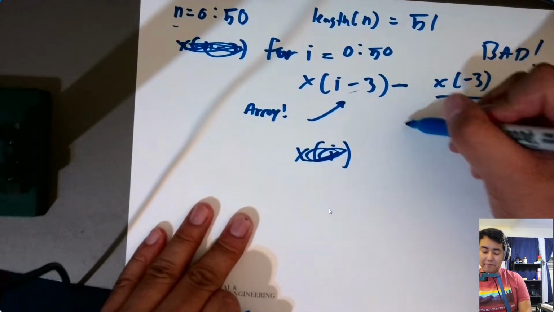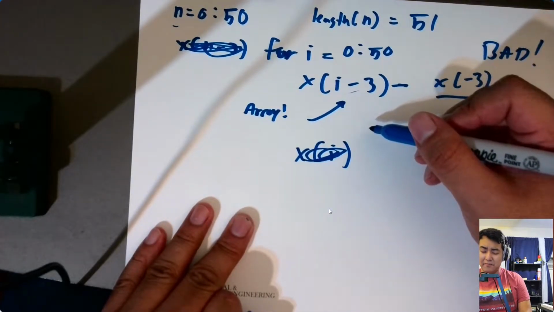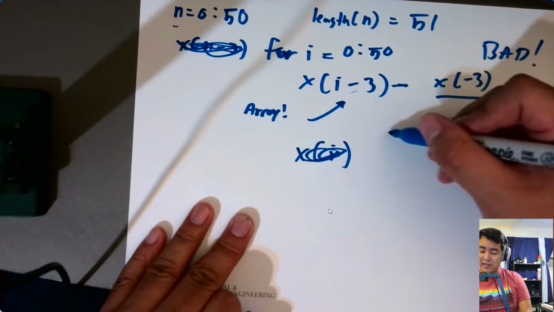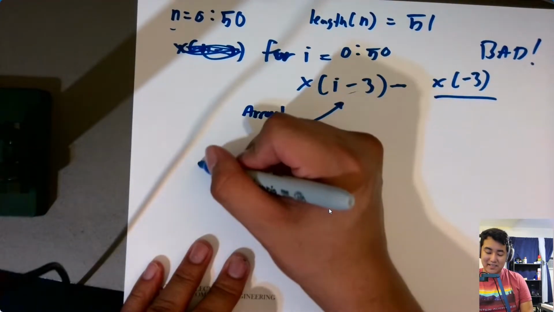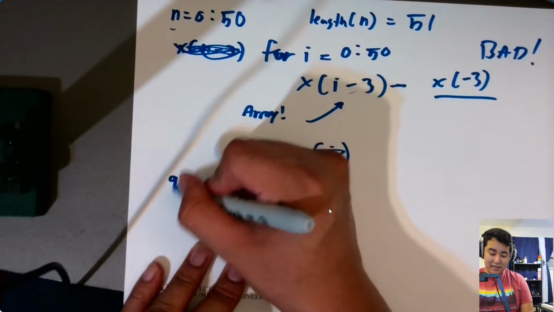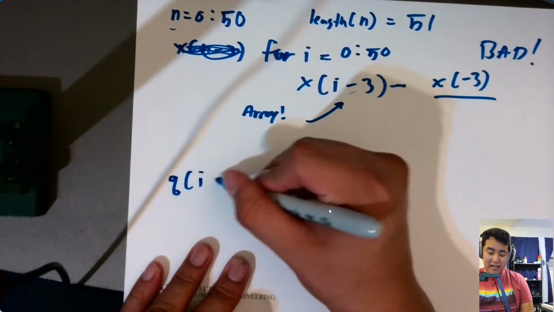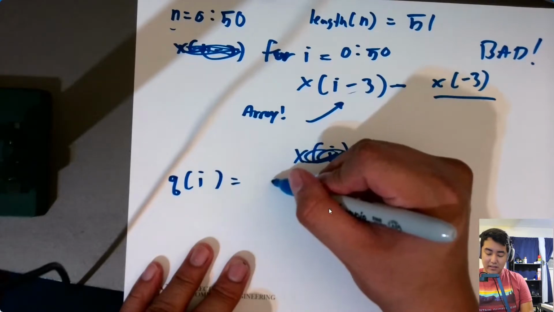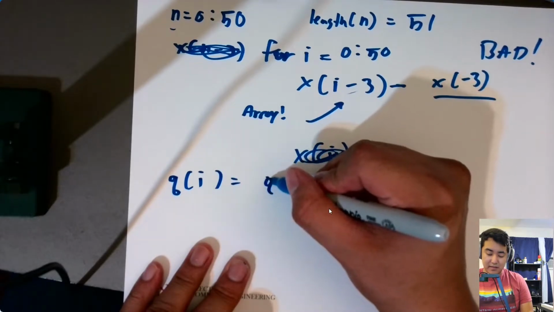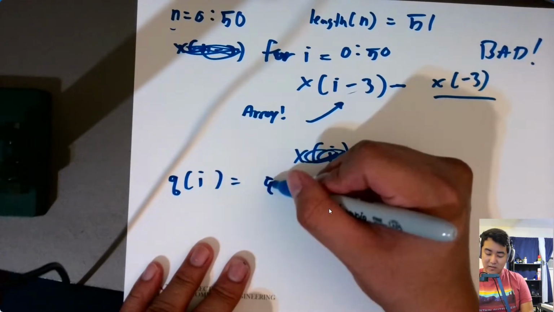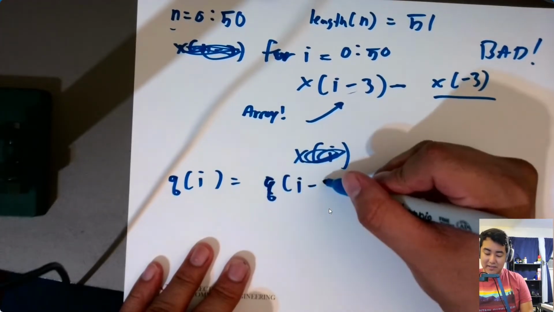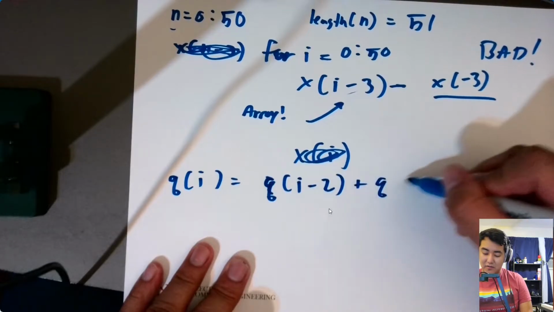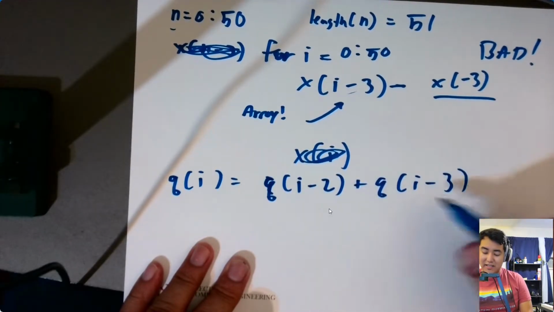If you had, for example, q of i minus 2 plus q of i minus 3, right?